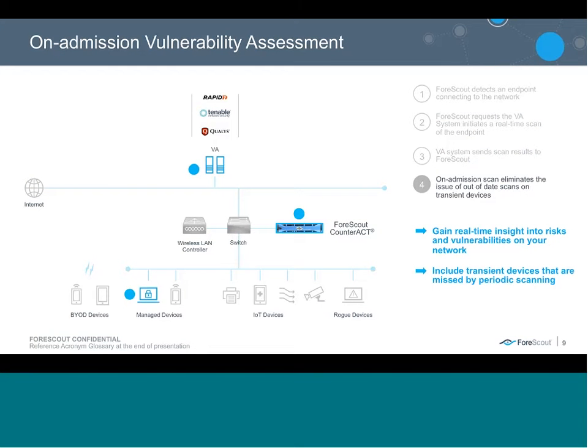And this is the type of scan that eliminates the issue of transient devices, because what this does, one, it gives you real-time insight into your vulnerabilities, and no matter when your mobile workers or transient devices connect to the network, they're scanned immediately. That way, the scans are always up to date, and every time they connect to the network, you know that the vulnerabilities on that particular endpoint have been remediated.